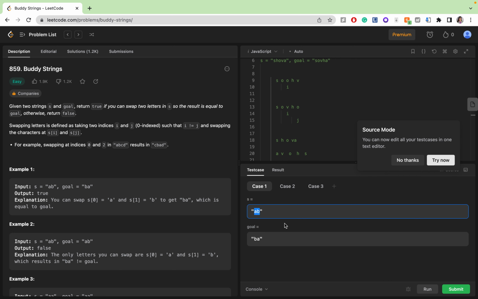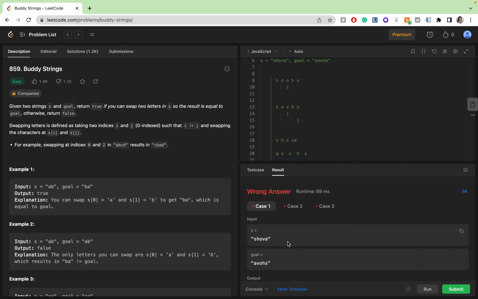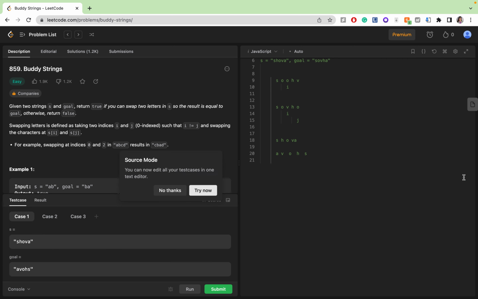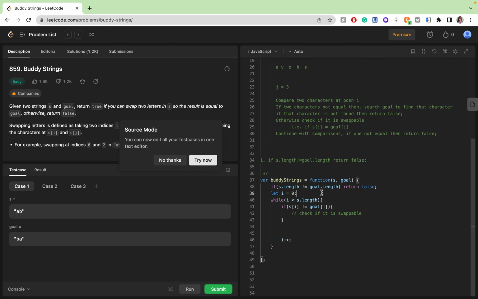Suppose if this is SHOB and if this is ABOHS, then what is it? Oh, expected is false. So it means that I can only swap one time, right?